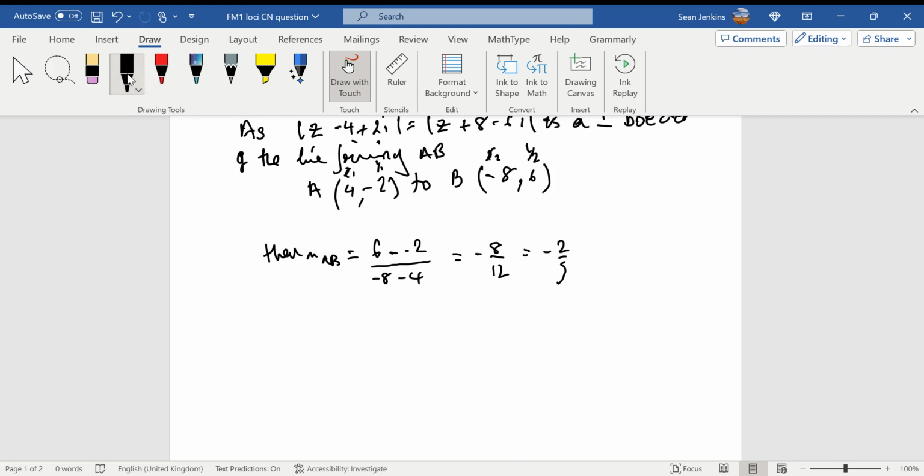Whoops, that is a 3. Let's just tidy it up and write 3 properly.